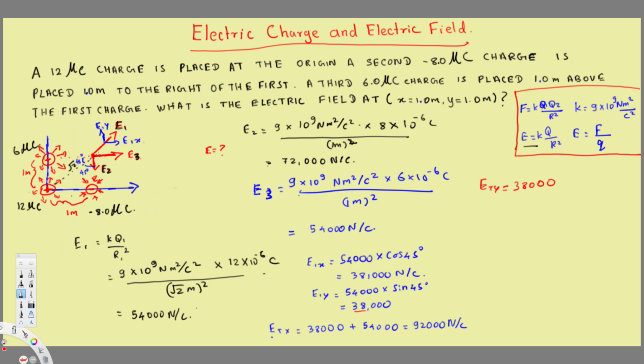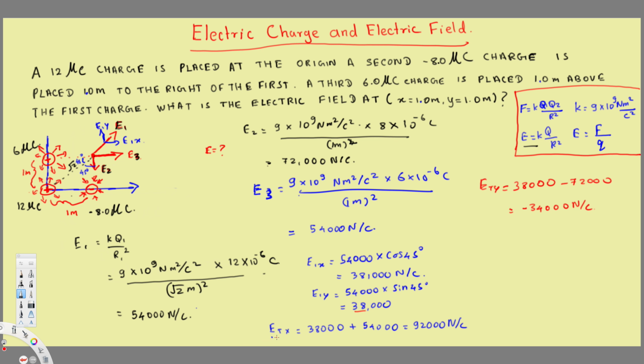Then E2 is down, so it's going to be negative. The value of E2 is 72,000, so it's going to be negative 72,000. And if you calculate this one it gives you 34,000 Newton per coulomb.